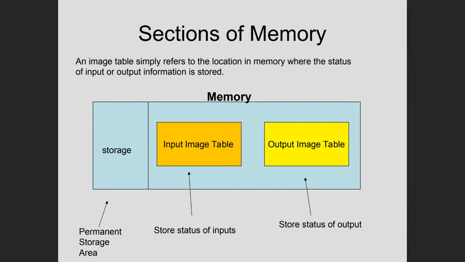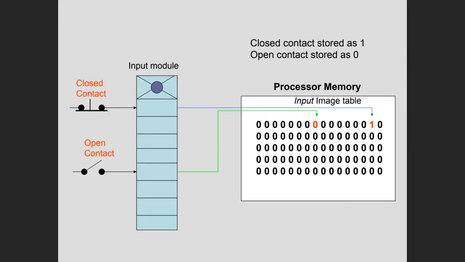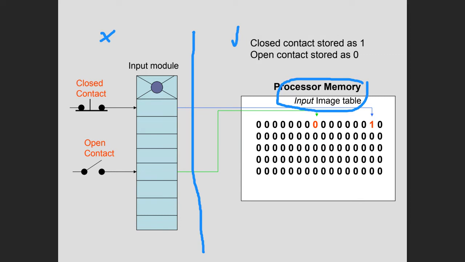And so what I'm saying is, if you think about the input module like this, everything on the left side of this slide is hardware, and everything on the right side of this slide is software. So this input image table, remember, exists in memory. And this input module has the screw terminals we talked about, which are not shown in this drawing.